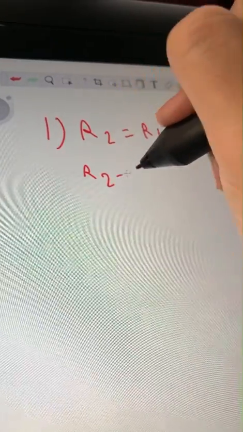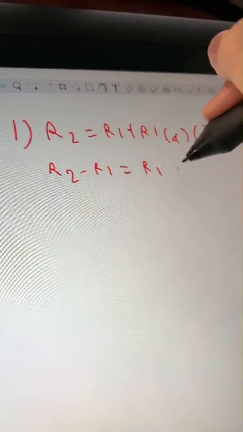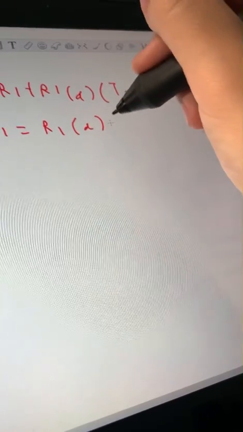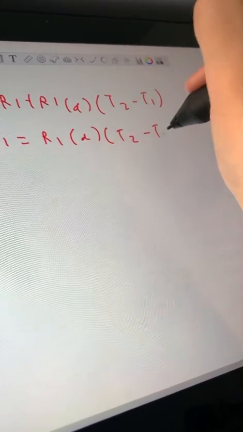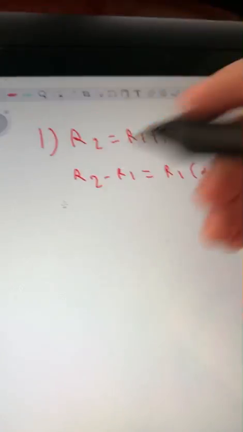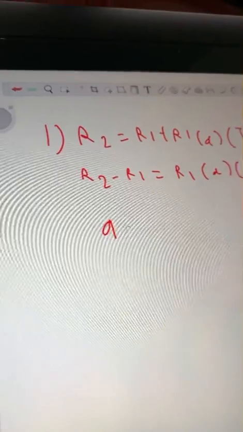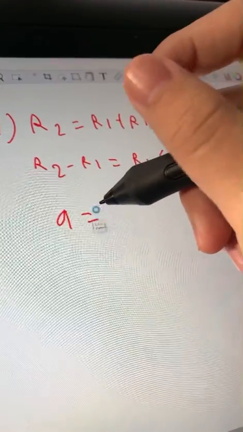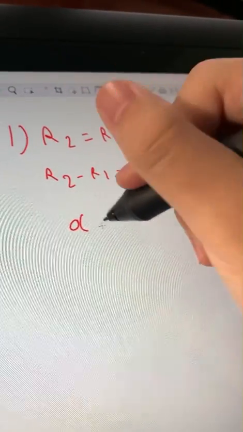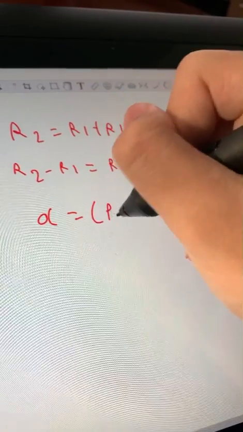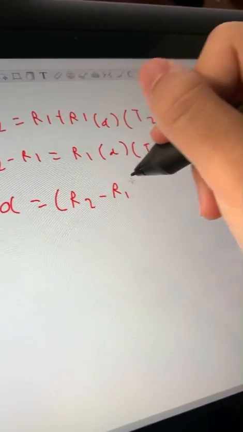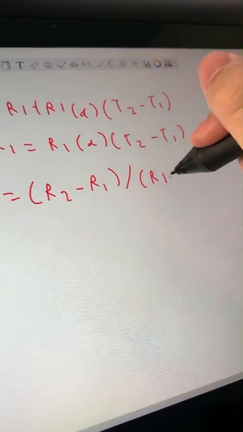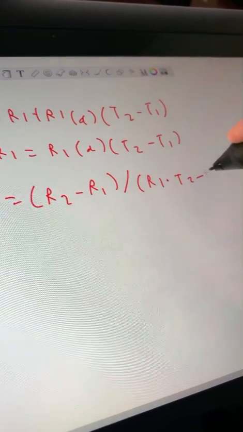So R2 minus R1 equals R1 alpha times T2 minus T1. And we want to get alpha to this side, so alpha equals R2 minus R1 divided by R1 times T2 minus T1.